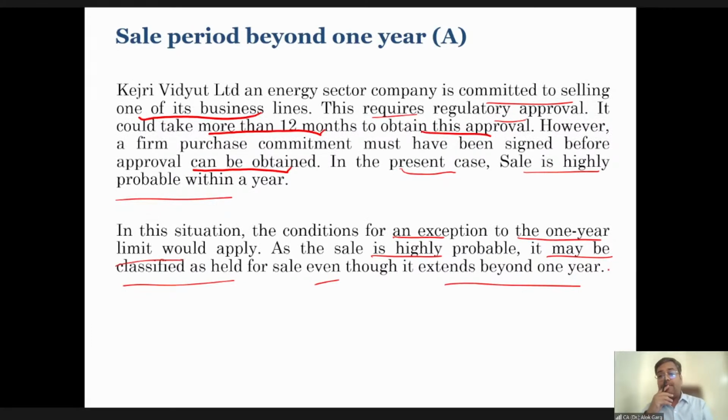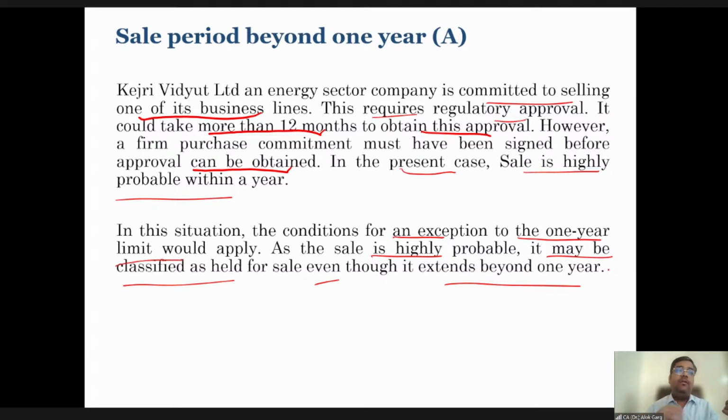Sir, if the regulators do not provide the approval, then what will happen? Friends, first of all, when you are deciding whether sale is highly probable or not, you have to look at the past precedents as well. Is it a normal scenario for getting the approval from the regulator? Although it is a time consuming process, is it a normal scenario?